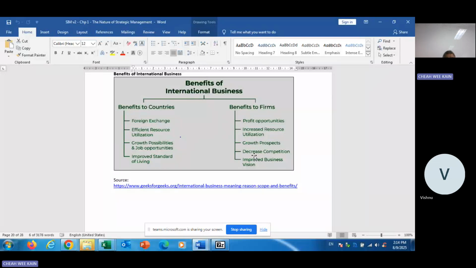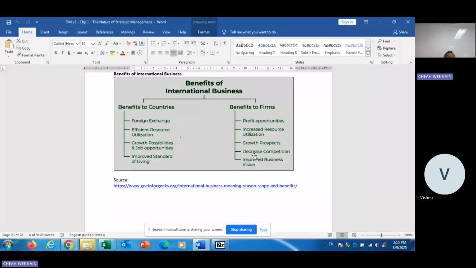Now, benefits to the country. First is foreign exchange. When you export things, Malaysia gets the money, and then you spend the money in Malaysia. Let's say you export to Thailand. Thai people buy your product, so you make a profit, and you send the profit back from Thailand to Malaysia.